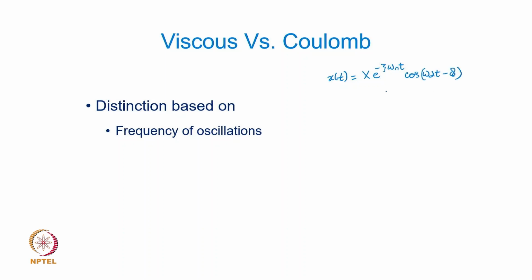This means that the frequency is the damped natural frequency. Whereas in the case of Coulomb damping, we have noticed that the response does not have an exponentially reducing amplitude, and the cosine function involved was omega n t. So the frequency with which the system with Coulomb damping oscillates is the undamped natural frequency.